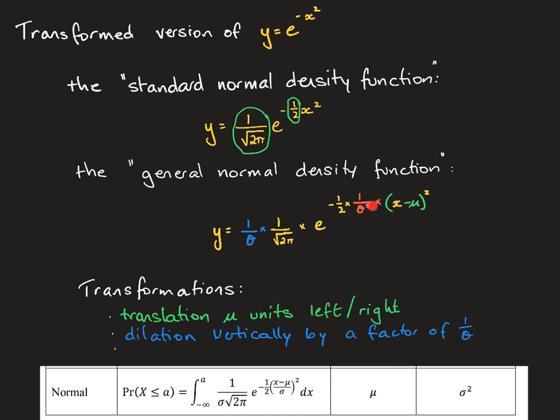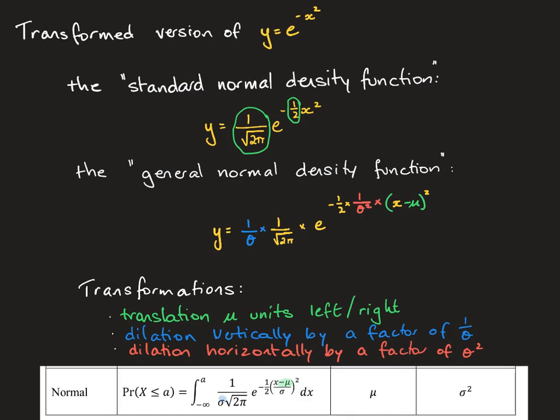And finally, with the x, squeezed in here, we have 1 on sigma squared multiplying the x. So we also have a dilation factor here, and this is a horizontal dilation factor, dilated by a factor of sigma squared. And so hopefully you can see, if we look at the way that the formula is written at the bottom of the screen, the mean shifts the graph of the function left and right.